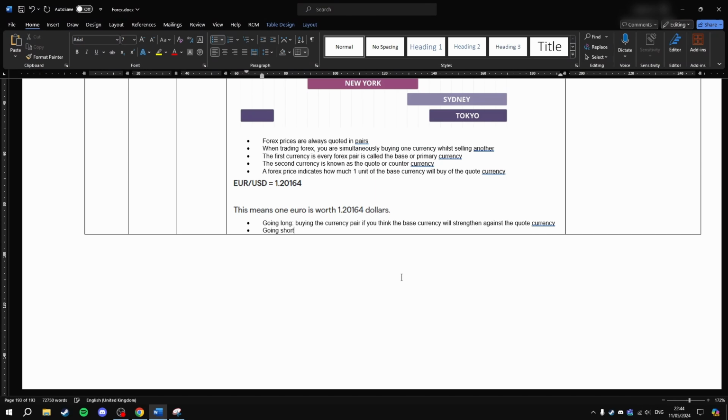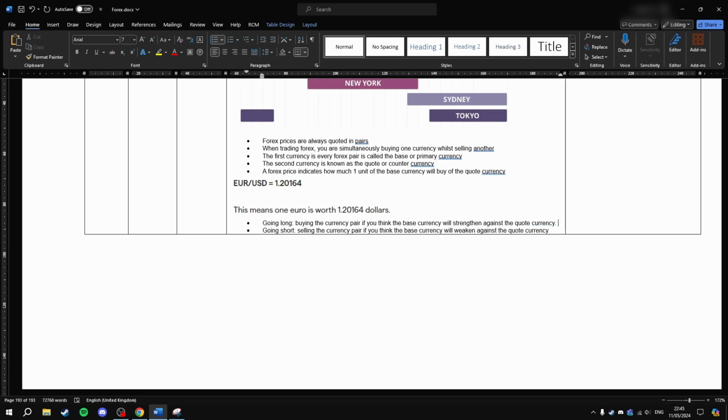Going short. Selling the currency pair if you think the base currency will weaken against the quote currency.